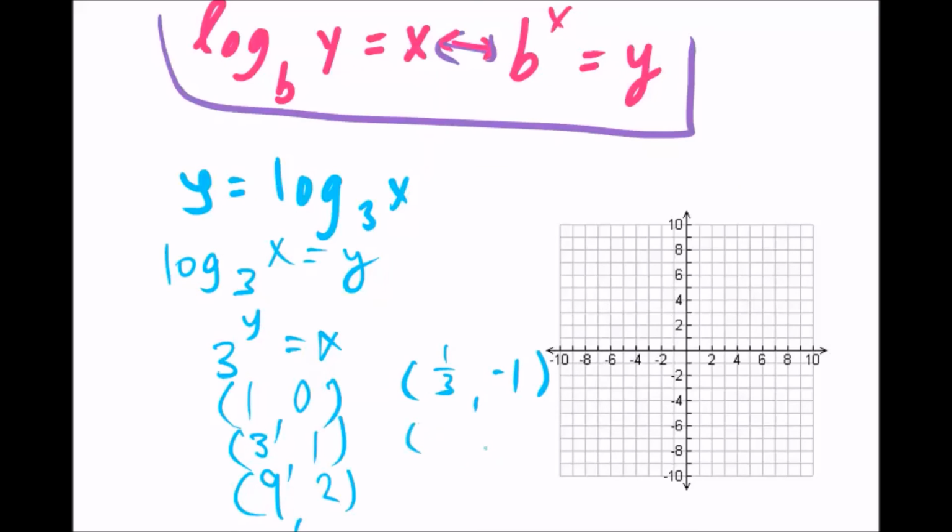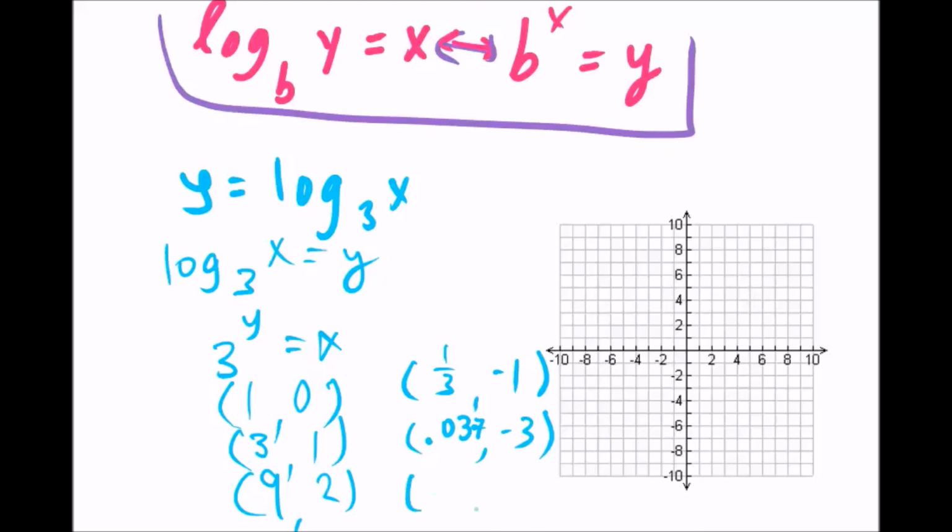Let's plug in an even smaller number. So let's say negative 3. So 3 to the negative 3, if you plug that in a calculator, or you know to flip that 3 over, is actually 0.037.